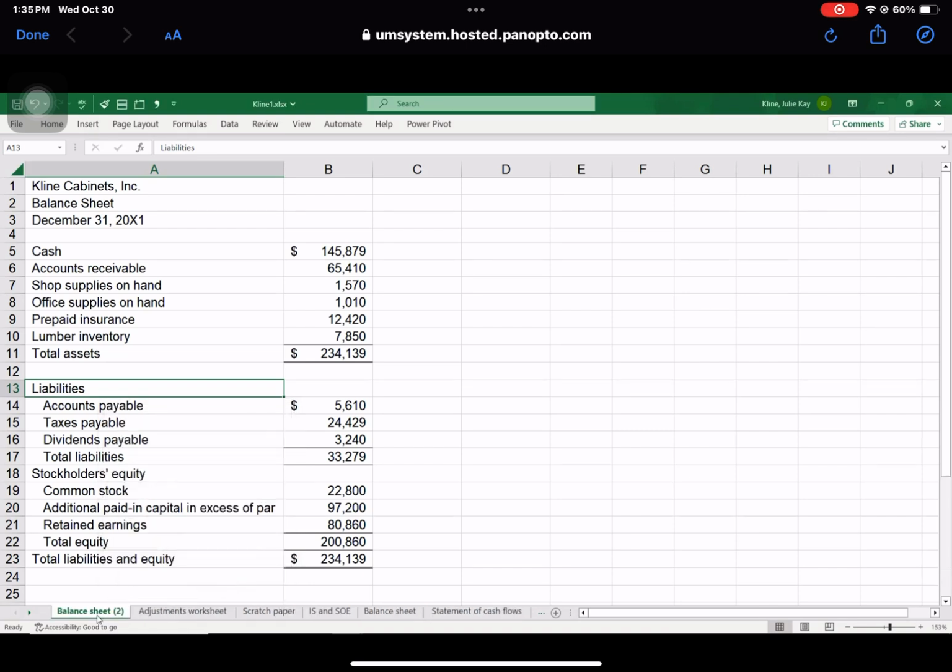And what that's done is it's taken that worksheet, duplicated it. It's going to say balance sheet 2. And again, it's an identical version of the balance sheet, but I'm going to rename this for my purposes, and I'm going to call it Statement of Cash Flows Worksheet. And that's just going to help me keep my balance sheet nice and clean for its final presentation, and then I'm going to have a worksheet that I can work with, okay?